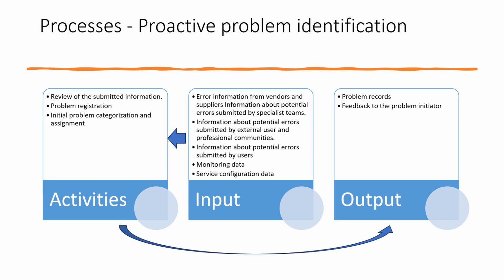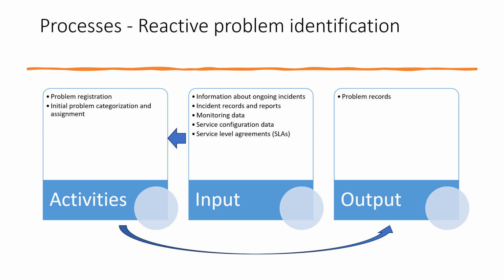For the proactive problem identification, we have the following inputs: Error information from vendors and suppliers. Information about potential errors submitted by specialist teams. Information about potential errors submitted by external or internal users and professional communities. Monitoring data and service configuration data.